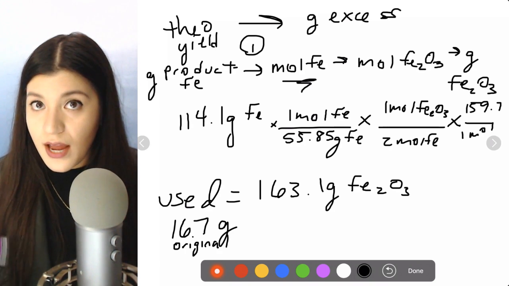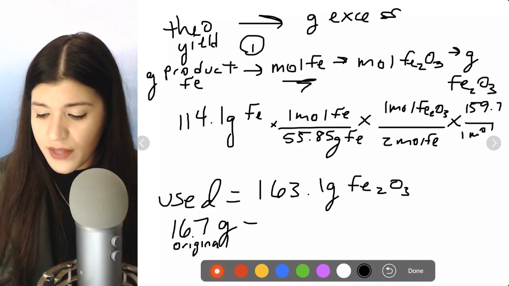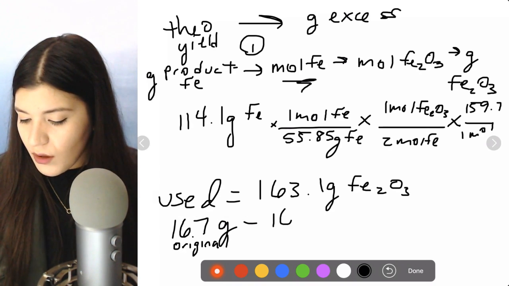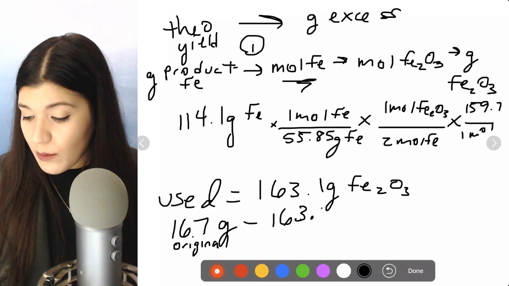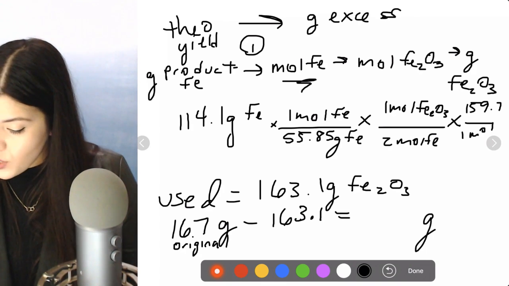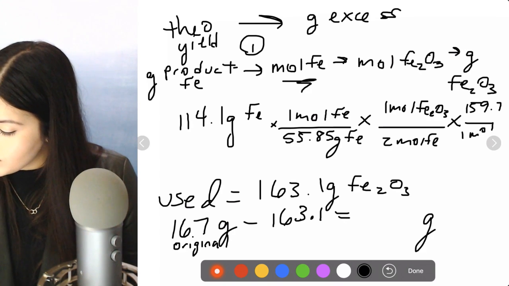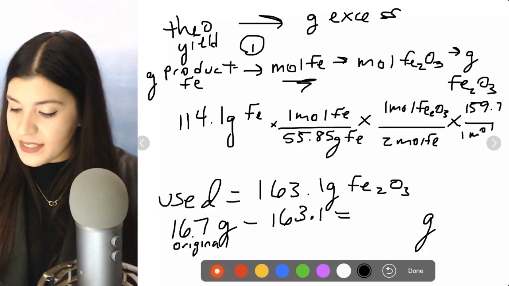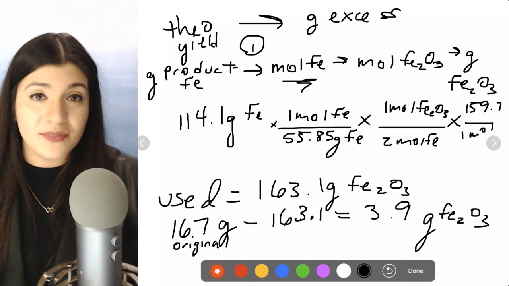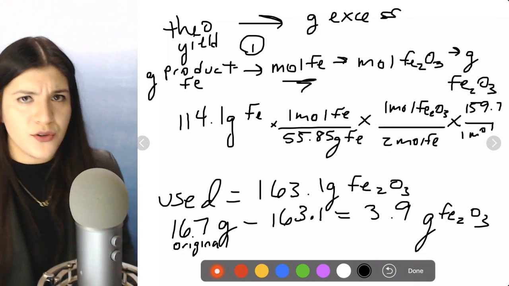To figure out our excess amount, we just subtract the amount that was used. So subtracting everything, 167 minus 163.1 gives us 3.9 grams of our excess reactant. Okay, so that would have been how I would approach this question.